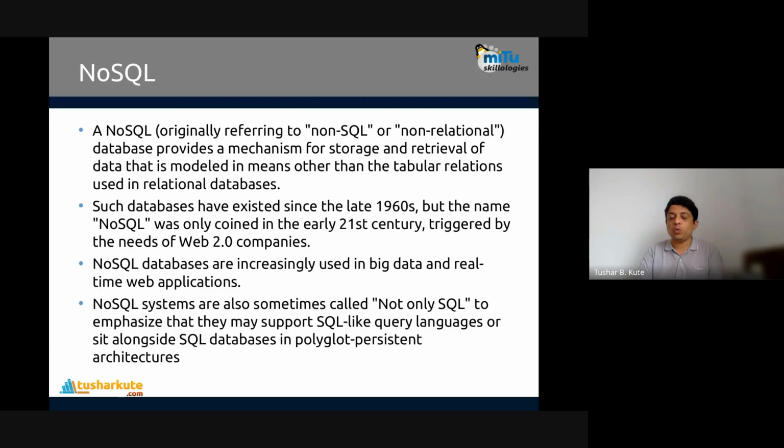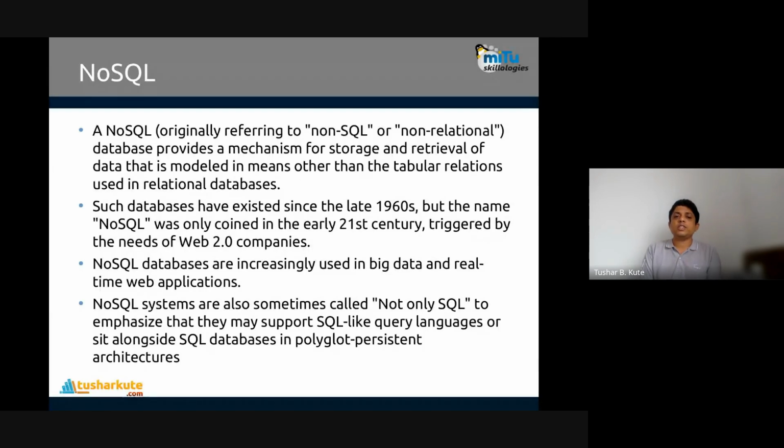They gave the name NoSQL because it is not relational. Relational means tabular data, so the data is not in tabular format. It is NoSQL, which provides a mechanism for storage and retrieval of data modeled by means other than the tabular relations used in relational databases. When you have tabular databases, we use data in that structured format.